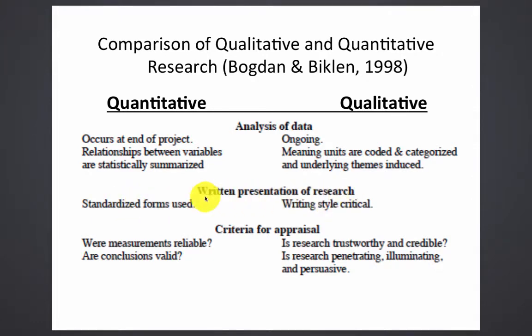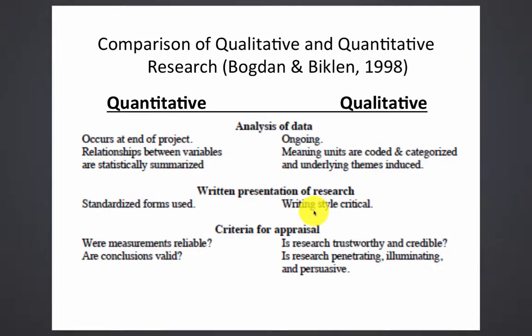Written presentation of research. This is interesting because if you're in the quantitative world, there are a lot of exemplars out there that you can use to structure the way you write up your study. If you follow that format, you'll produce something that is widely accepted. Whereas in qualitative inquiry, very much the opposite is the case.